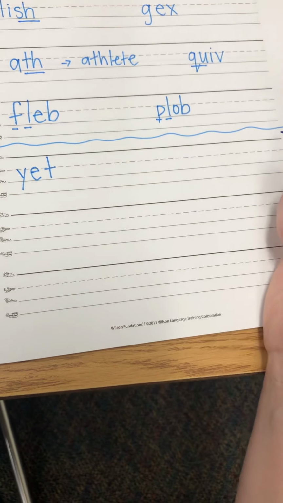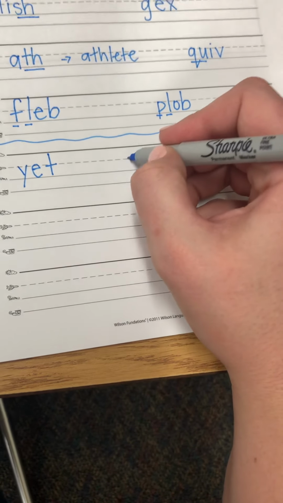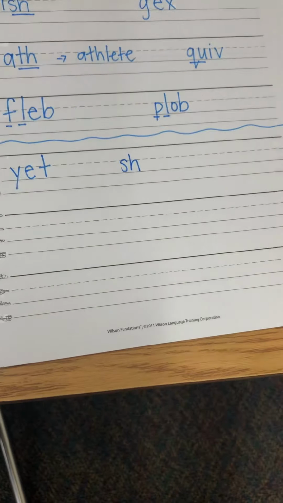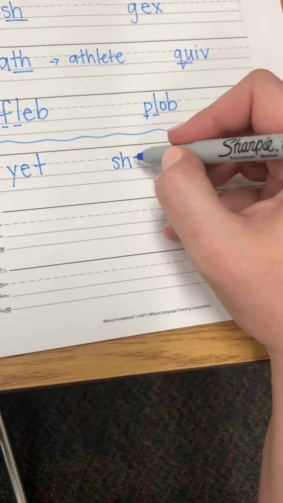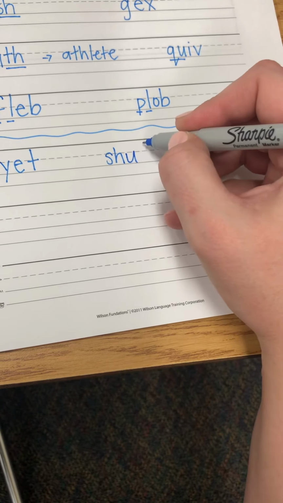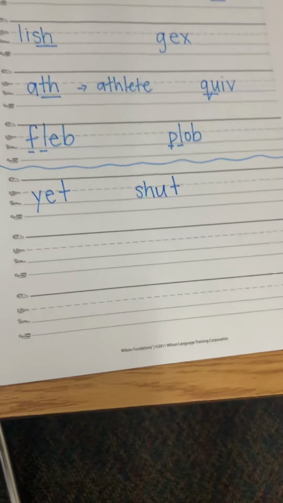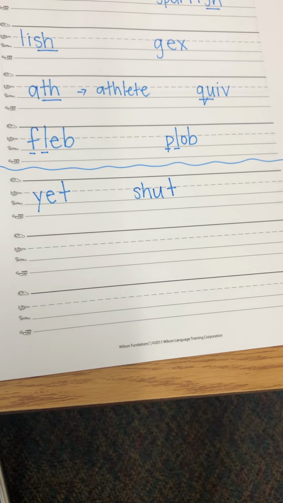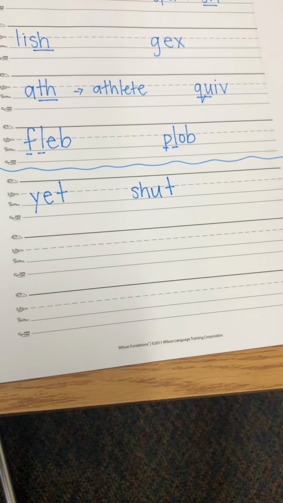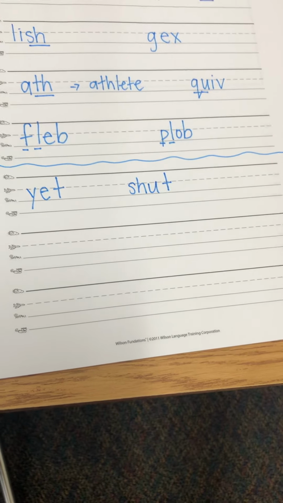Okay, so I know sh is a digraph. S-H. What vowel says u? If you said u, you are right. And then t, shut. Okay, how about the word path?